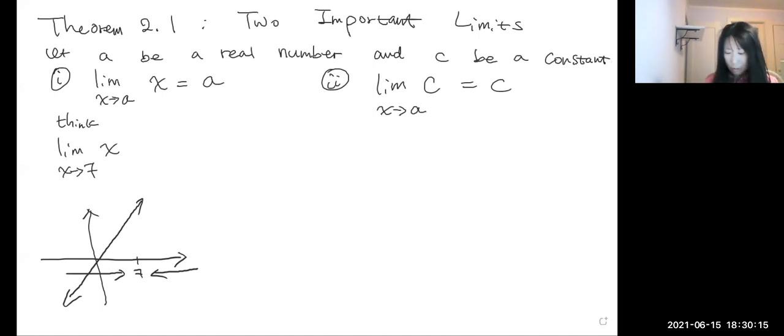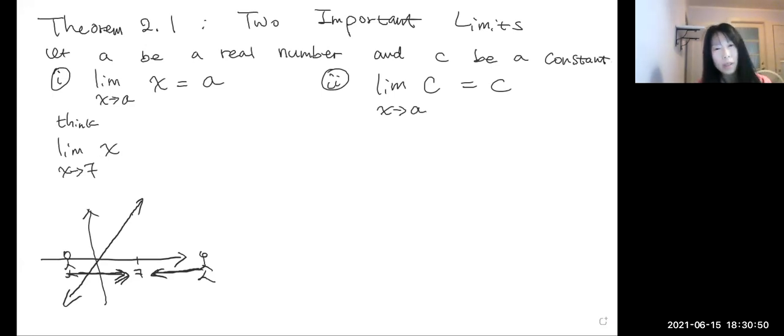Once again, I'm standing here, going to the left, approaching 7 from the left. What's the y value there? It's 7, right? This is the identity function, right? And I'm standing here, going to x equals 7, and what's the function value?